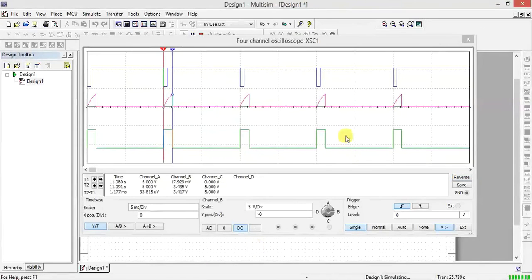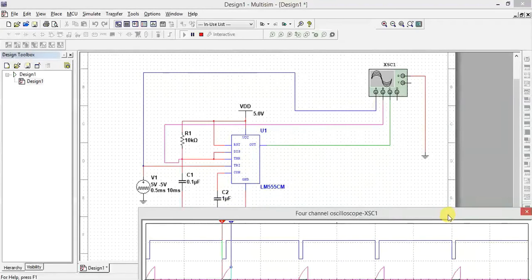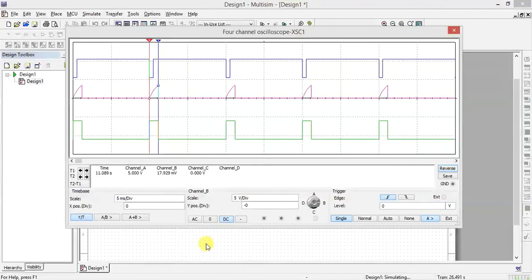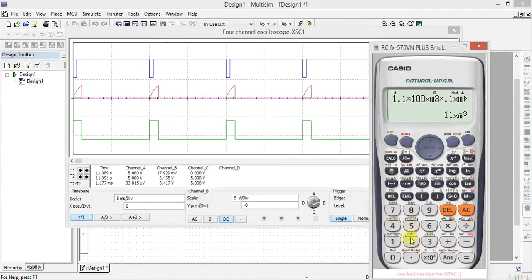We used R as 10K and C as 0.1 microfarad. If you check the answer, 1.1 times R, which is 10K, times 0.1 micro, is 1.1 millisecond.